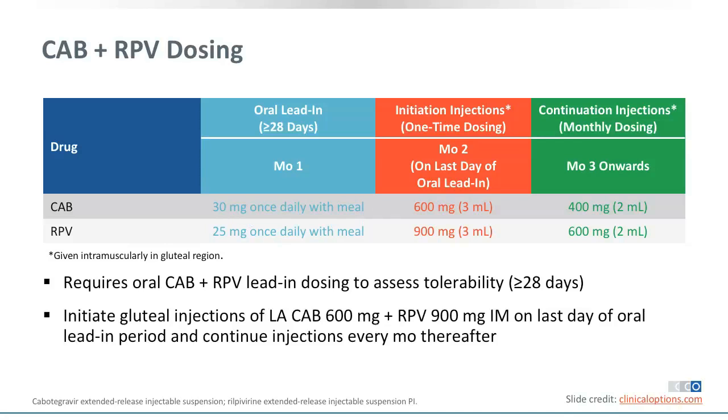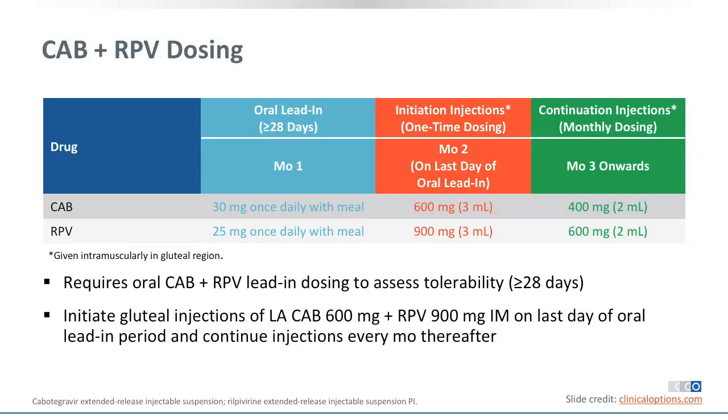So let's review some of the practical considerations with regards to cabotegravir and rilpivirine dosing. Currently, the FDA indication and the DHHS guidance recommends using an oral cabotegravir rilpivirine lead-in phase for 1 month to assess tolerability. This is followed by an initial loading dose of 600 milligrams of cabotegravir and 900 milligrams of rilpivirine, which equates to a 3 milliliter injection that is given as 2 separate gluteal injections.